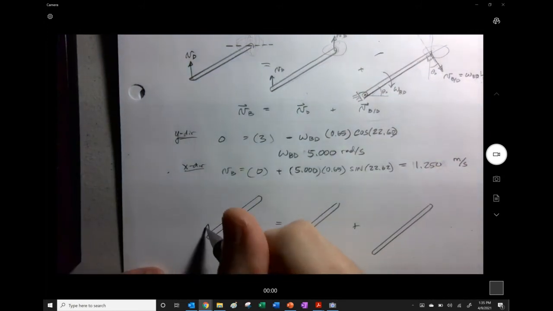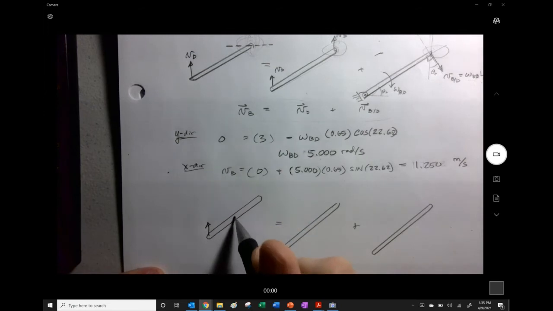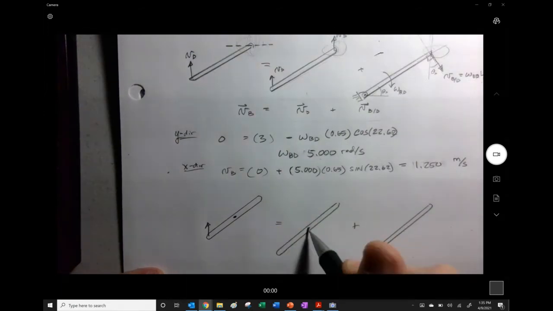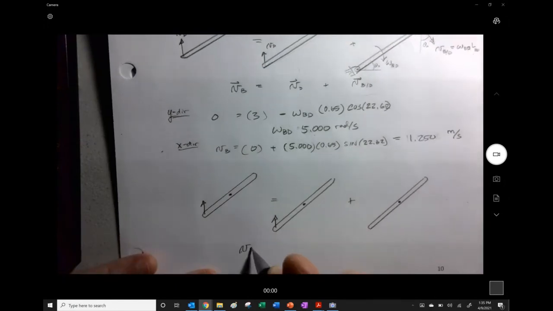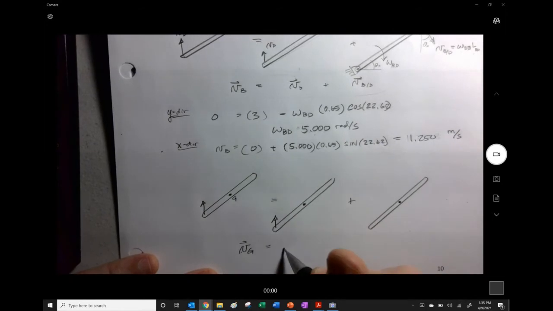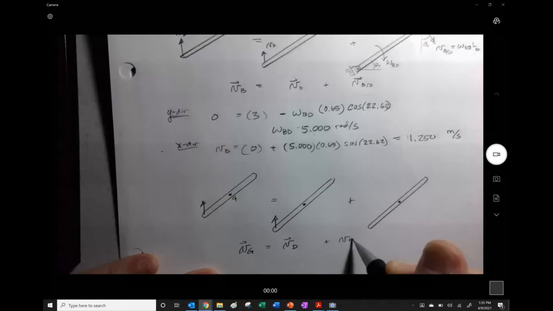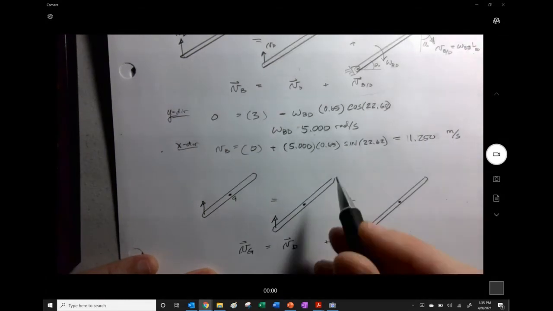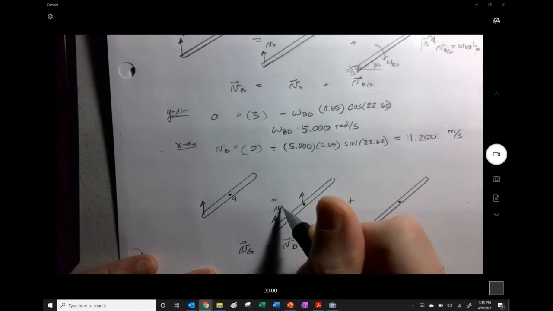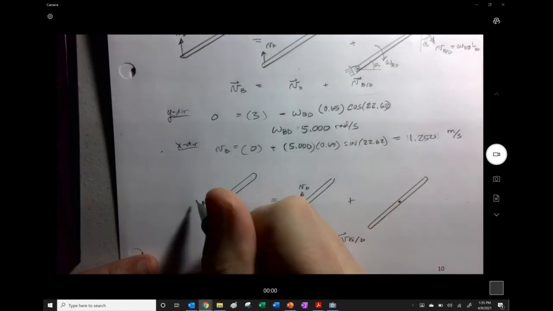Okay, so we still have this guy right here, but we want to find it for this. This is the location that we want to get the thing. So we're going to write the same thing. We're going to write the velocity of G this time. We're going to call that point G, equal to the velocity of D plus the velocity of G with respect to D. And so we're going to place the velocity of D at both locations.